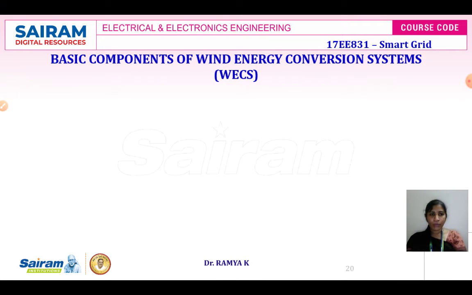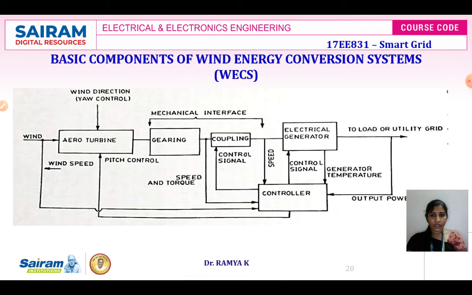The basic components of your wind energy conversion system are, first, your aero turbine, the gearing, coupling, electrical generator, and in the feedback we have a controller. The major reason for connecting the controller in the feedback is to maintain stabilization at the output because the wind is varying in nature.